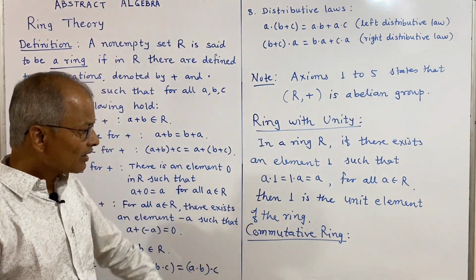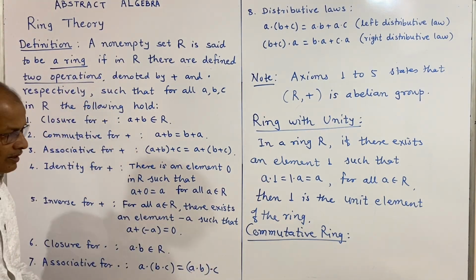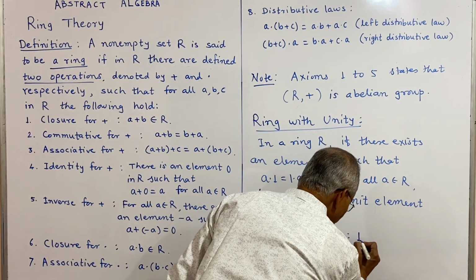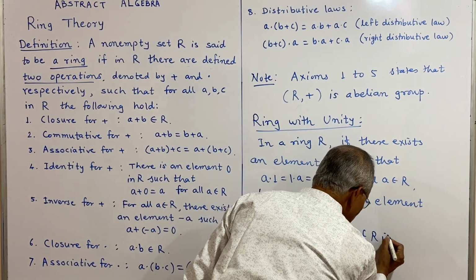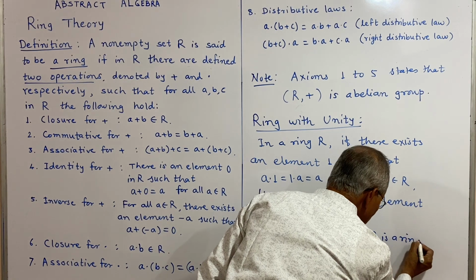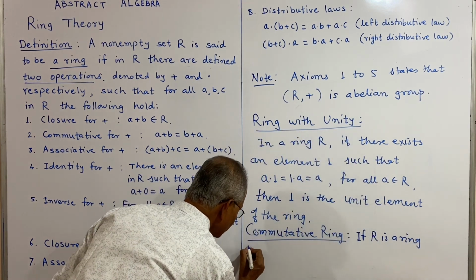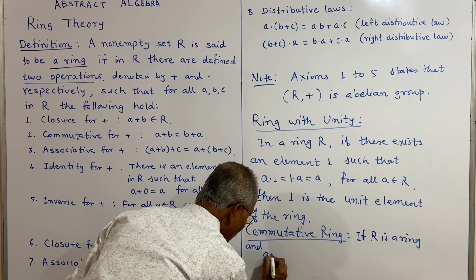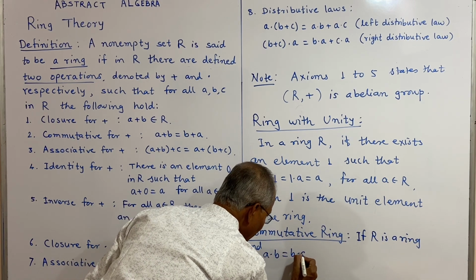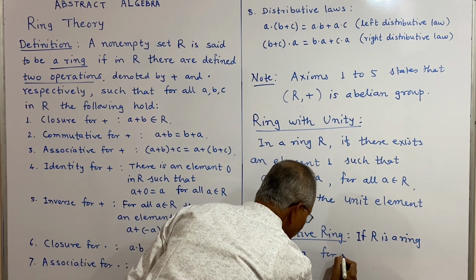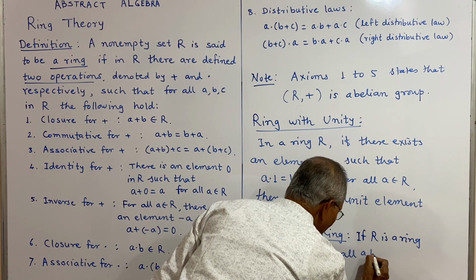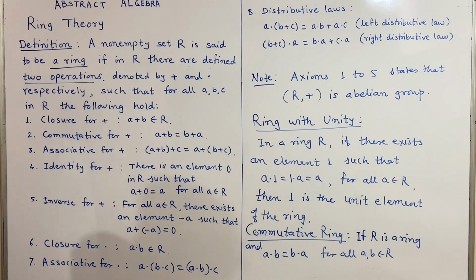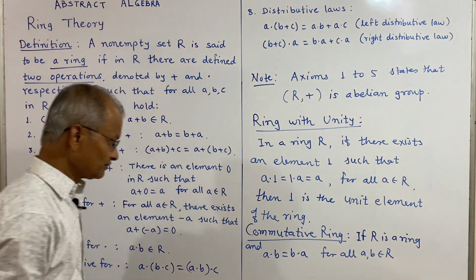And similarly, commutative ring. If R is a ring, and A dot B is equal to B dot A for all A, B belongs to R, then we say R is a commutative ring.